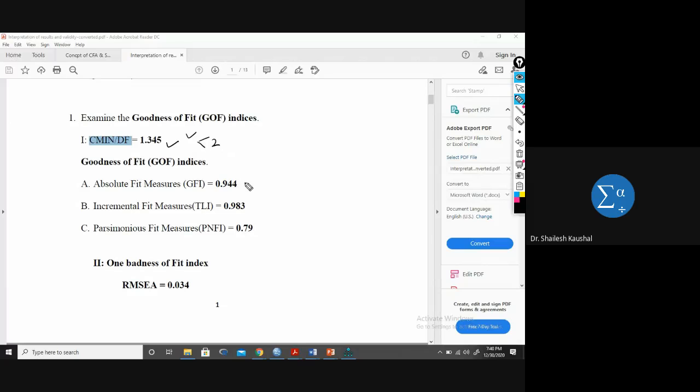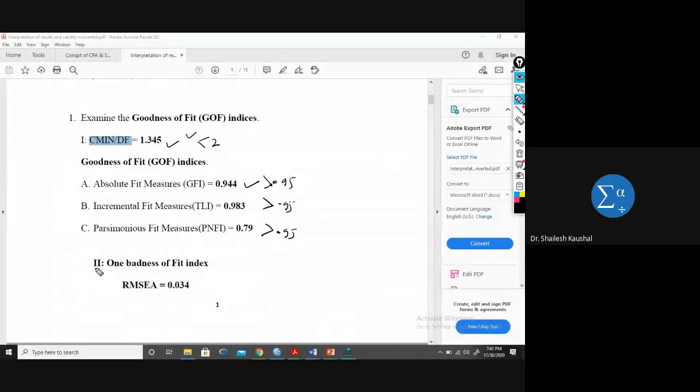Second, this value should be theoretically greater than 0.95, means one absolute fit index GFI, goodness of fit index, one incremental fit index Tucker-Lewis index, it should be greater than 0.95, and this parsimonious non-fit index, again it should be 0.95 theoretically.